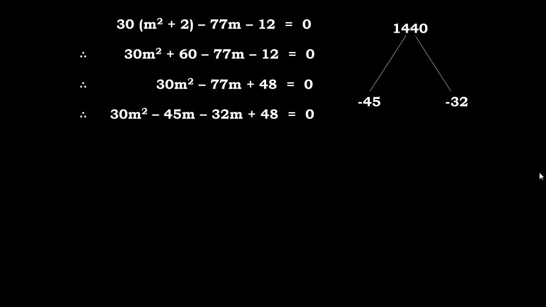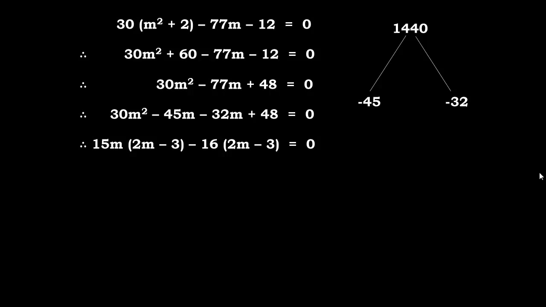Now you can make groups of 2 and see, from the first 30m square minus 45m we can take 15m common. In the bracket we get 2m minus 3, and from the next two terms we can take minus 16 common, and you get 2m minus 3 is equal to 0.